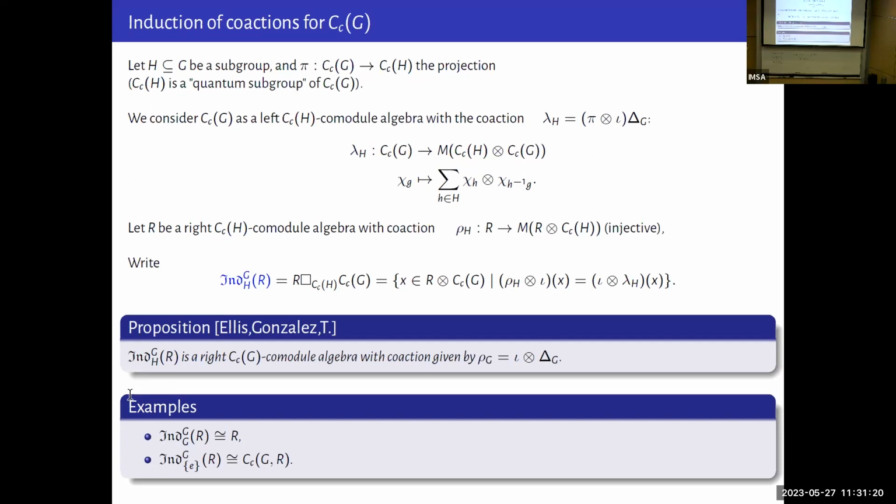For example, if our algebraic quantum groups are finite dimensional. Well, finite dimensional algebraic quantum groups are just Hopf algebras. Okay, so that will be our next step. What happens with the algebra? Is this induced algebra the correct induced algebra? And by the correct, I mean, do we have a Morita equivalence?